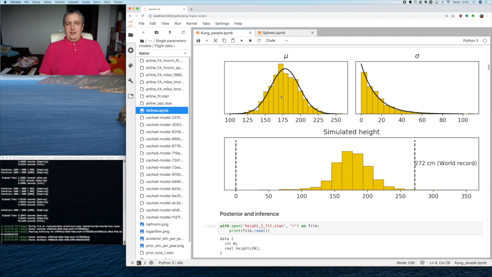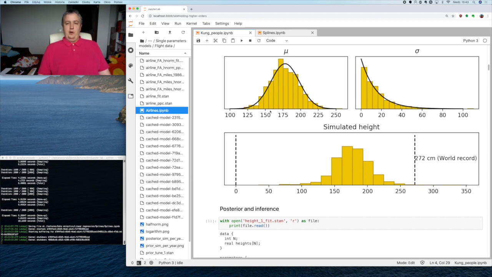So average height of people in Europe, because this is what we have. We can, with large spreads, cover very well a lot of heights. We give a good, well-spread prior for sigma, but not absurdly spread.